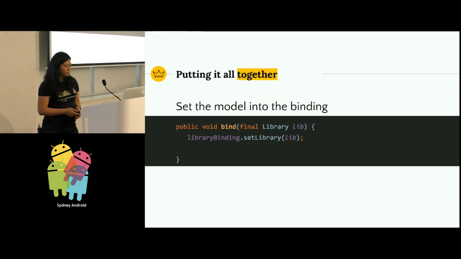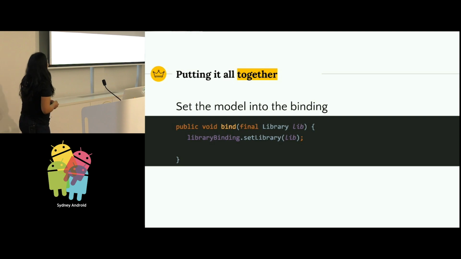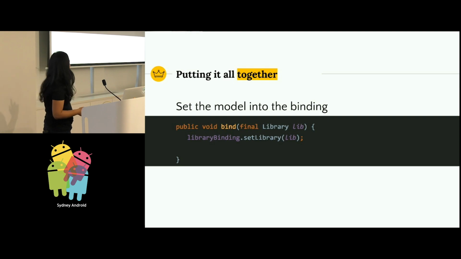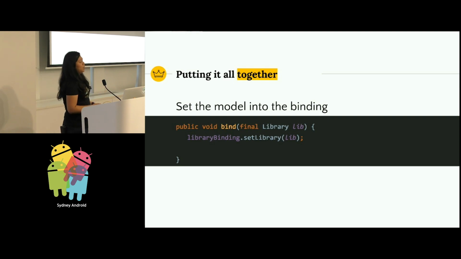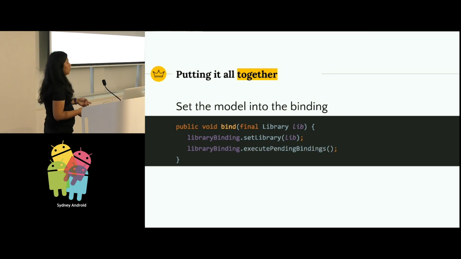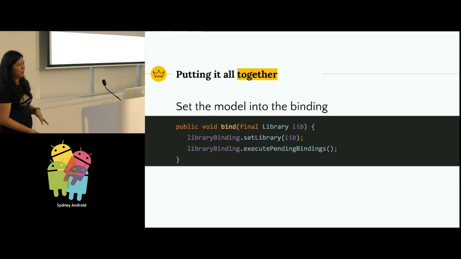So now, since this is data binding and a recycler view, one thing we need to remember is that if you are using data binding in a recycler view, you need to tell recycler view that there are changes to your library bindings.